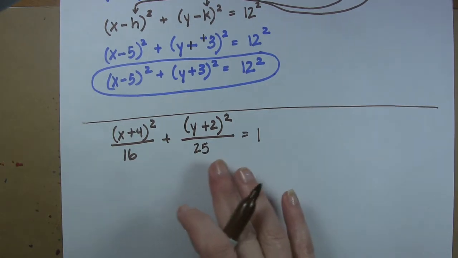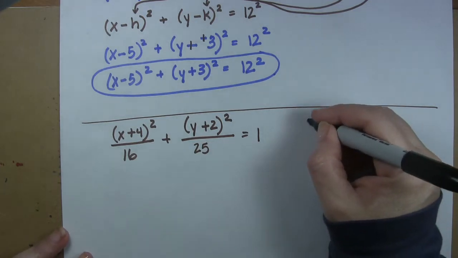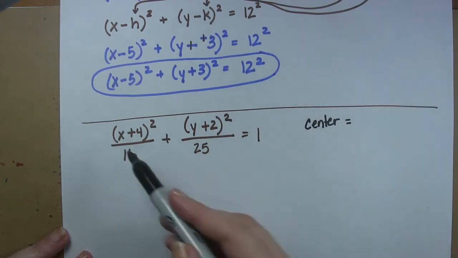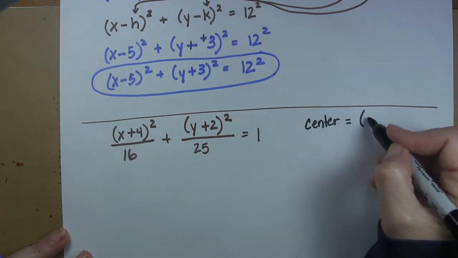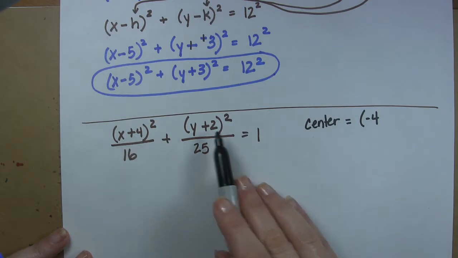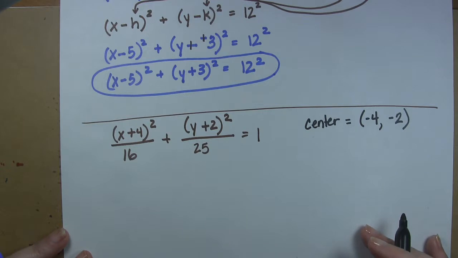So first ask yourself, what type of figure is that? And you should know that that is an ellipse. What is the center of this ellipse? Well, the center is going to be negative 4. So again, we're switching the sign. And negative 2. That is your new center.